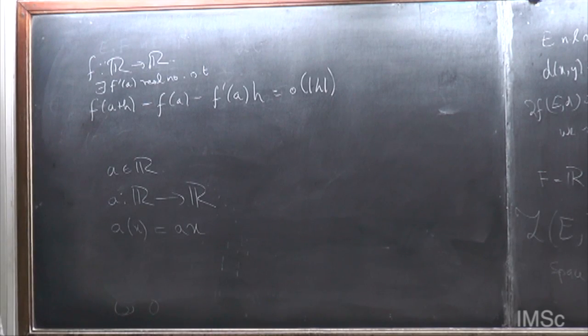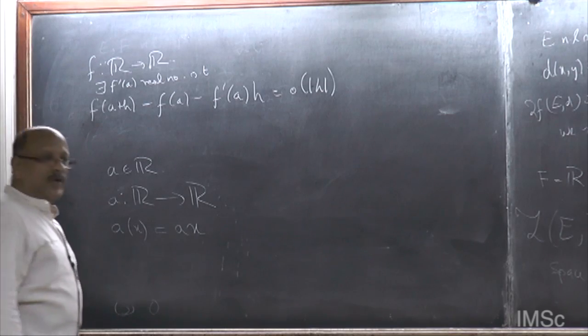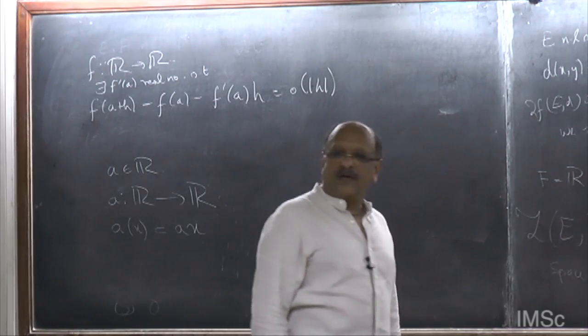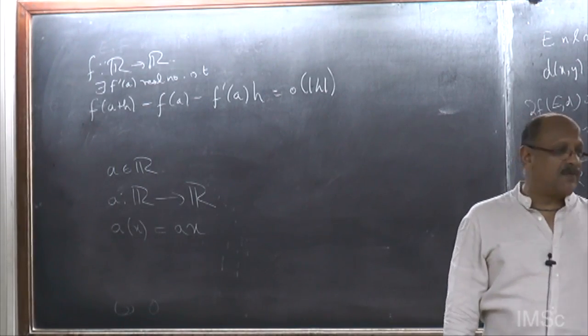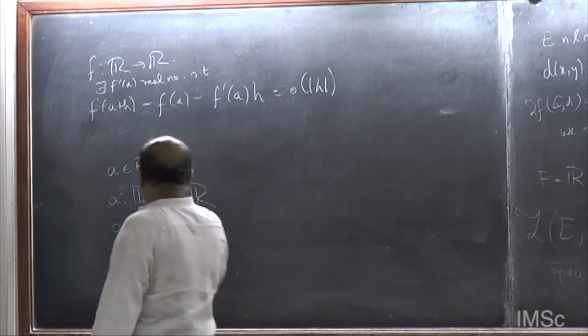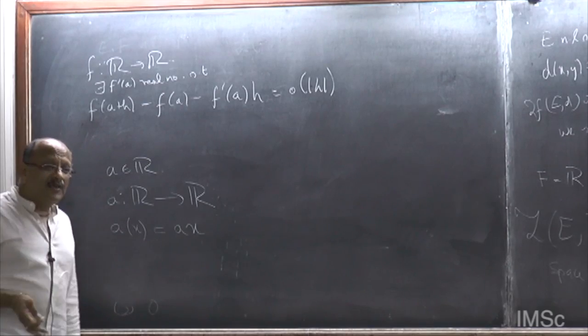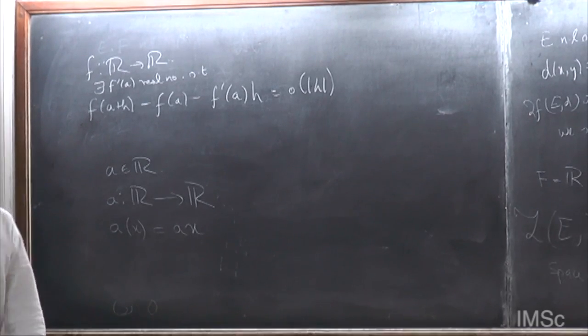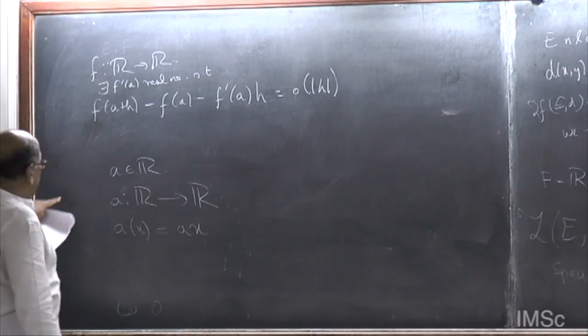This is a linear transformation. a(x + y) is ax + ay, a(alpha x) is alpha times ax, etc. And I told you in finite dimension every transformation is continuous. So, I am now thinking of a.